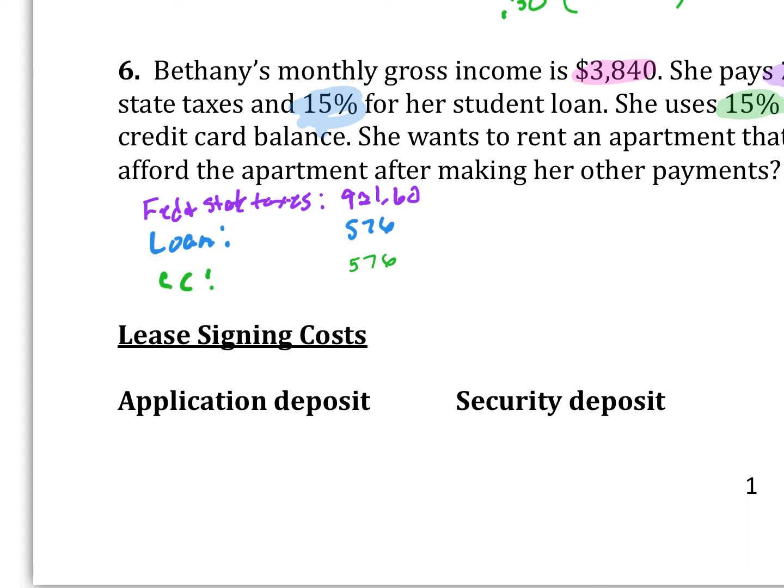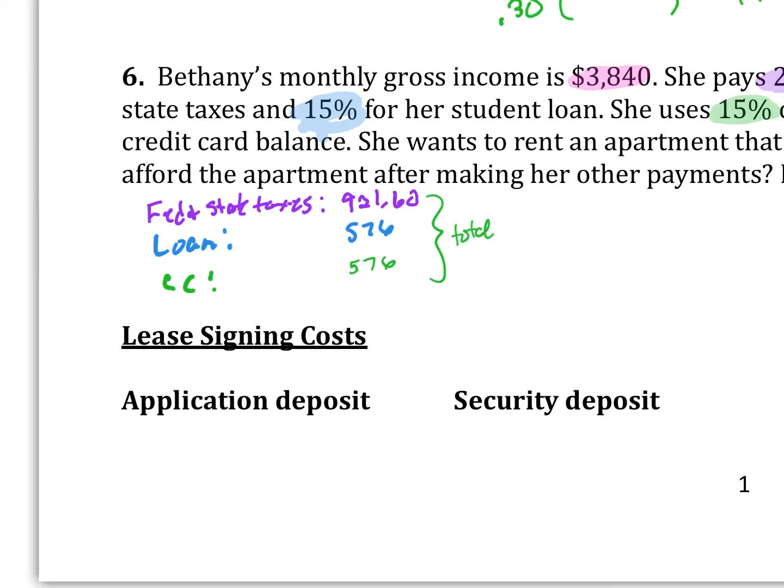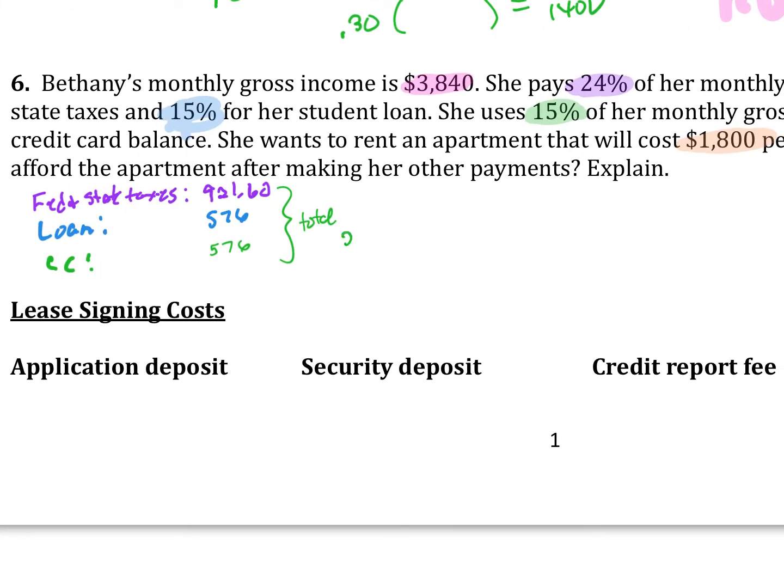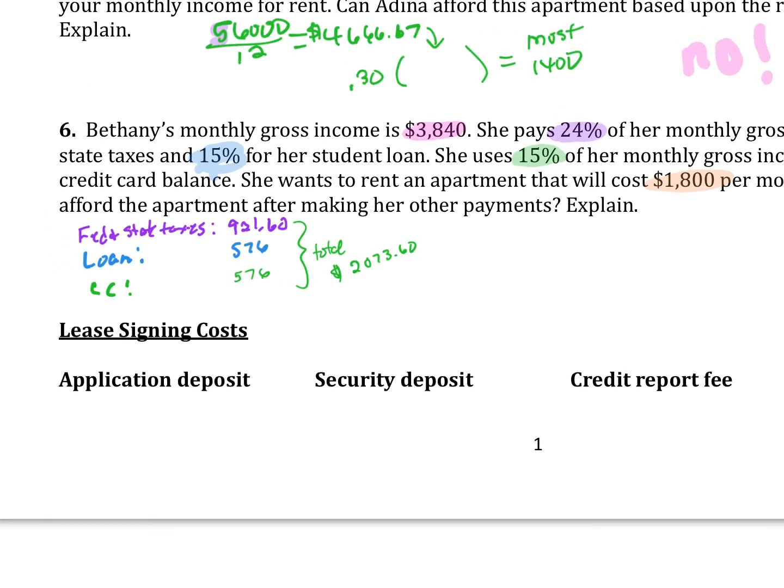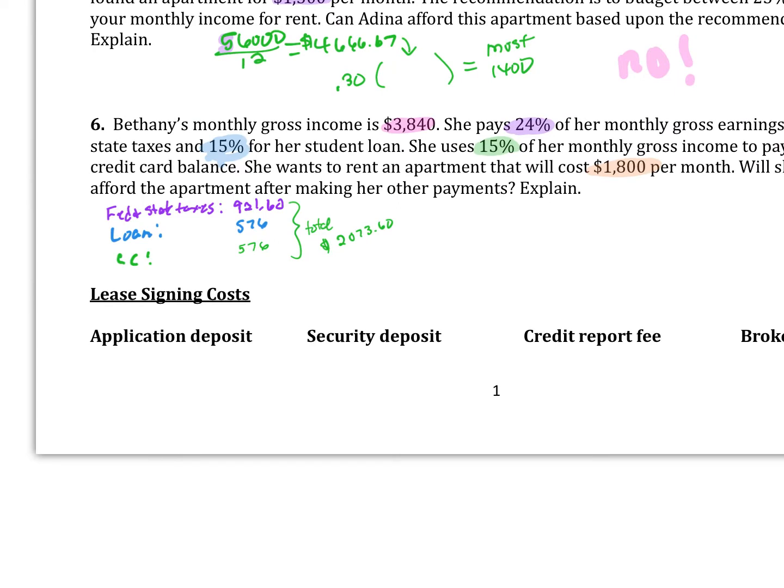So that's a total of how much? 2,073.60. Okay. And so then we need to deduct that from her 3,840. So 3,840 minus this 2,073.60. 1,766.40.